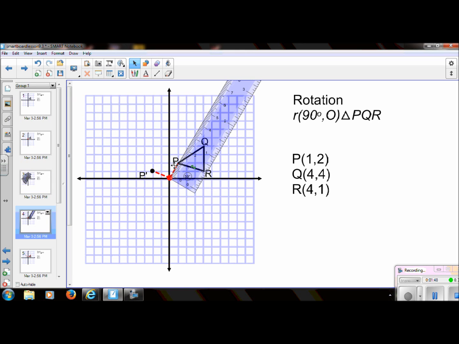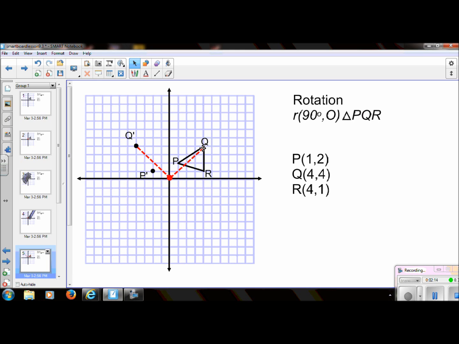And then the next step to do this properly, I would actually have to measure this here, and then twist it and measure it here too, but we're just going to eyeball that one and say yes, these are the same distance. And that would give me P prime.